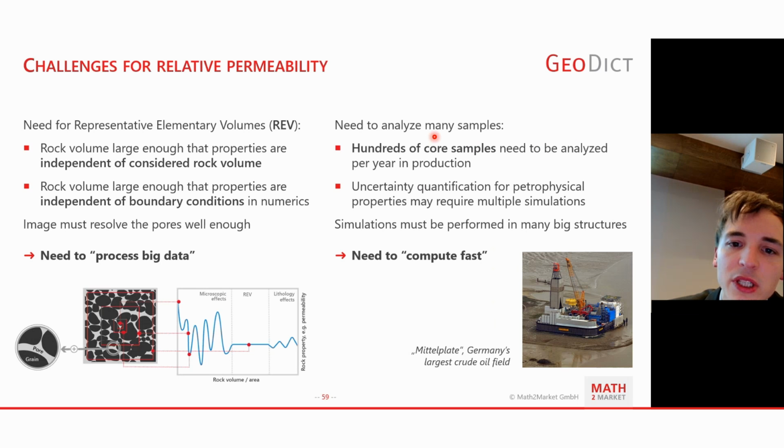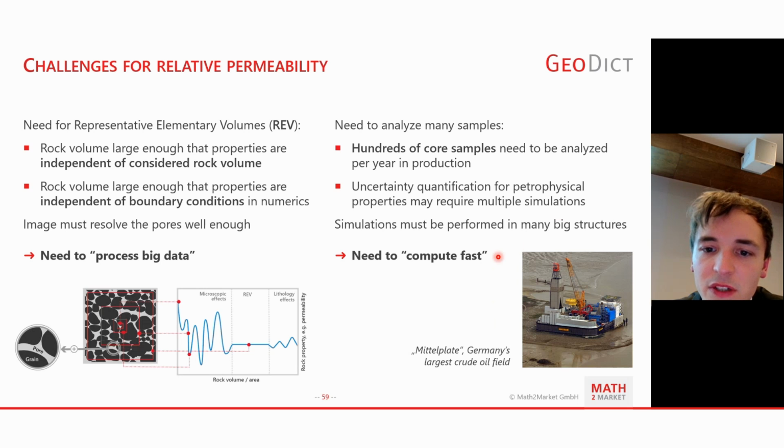Usually in the oil and gas industry, you have to analyze hundreds of core samples for relative permeability. And the problem is that in the laboratory, you cannot use the samples anymore after you have done your experiments for measuring the relative permeability. That is a problem which we do not have when we are using an imaging method, and also when we're using simulation, because we wouldn't destroy any of the samples.